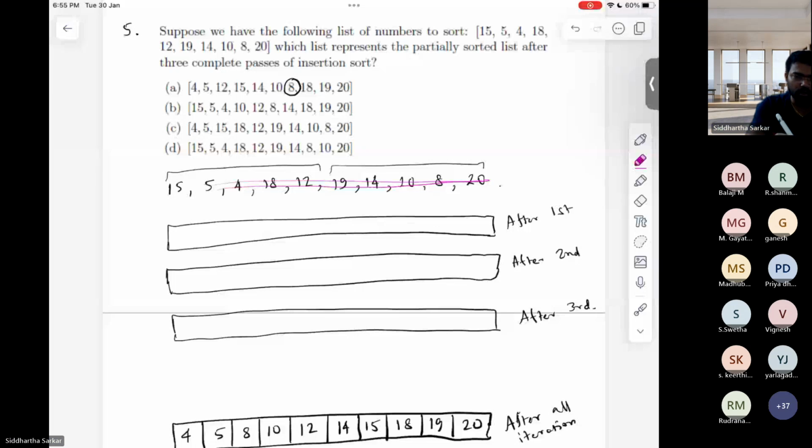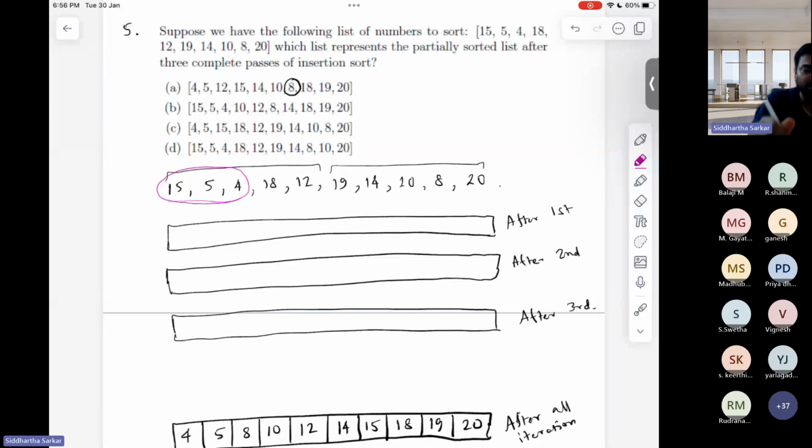Now, after the first iteration is done, we focus on the first two elements and see a sorted order among them. After the second iteration is done, insertion sort ensures that the first three elements among themselves are in sorted order.